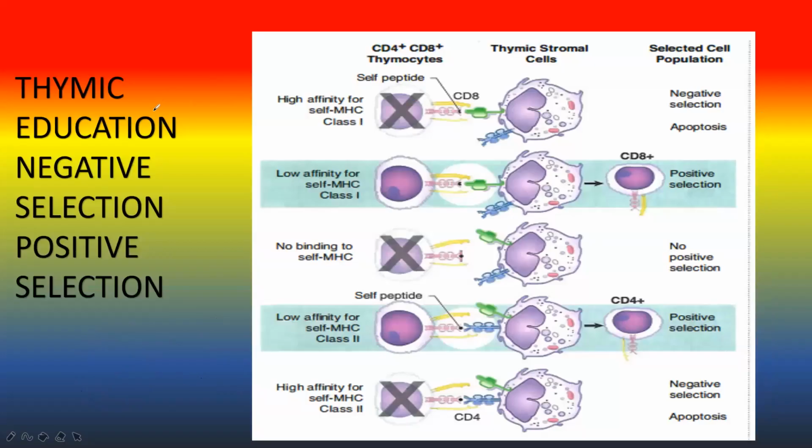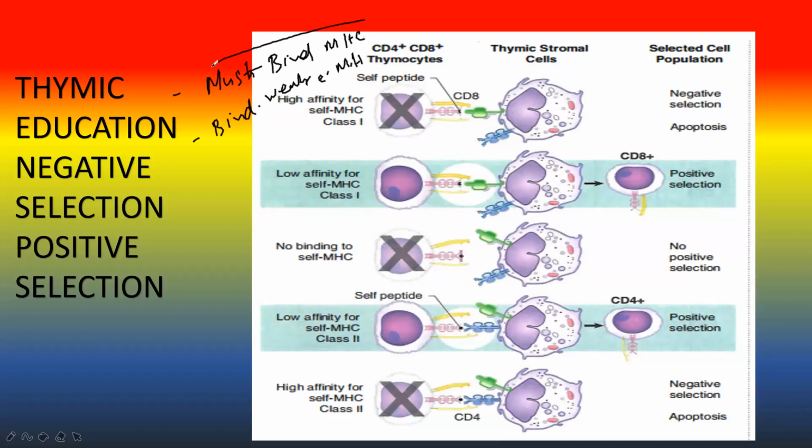What are the criteria for negative and positive selection? For positive selection, the cell must bind. I'll make it easy: must bind. How to bind? Bind weakly. It must bind the MHC protein weakly.